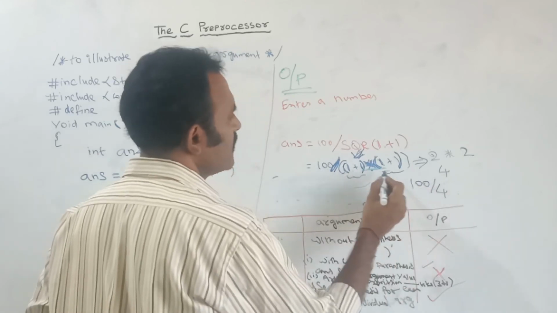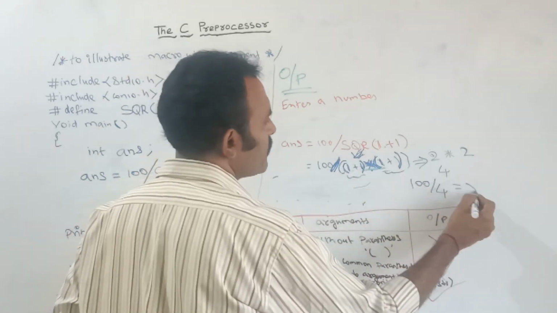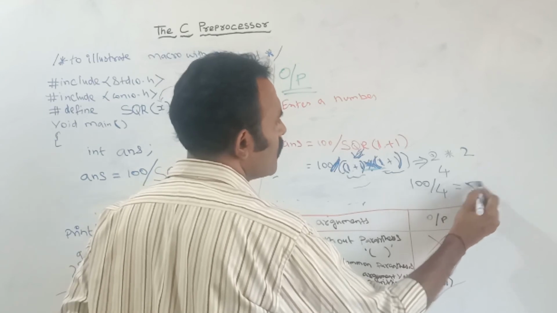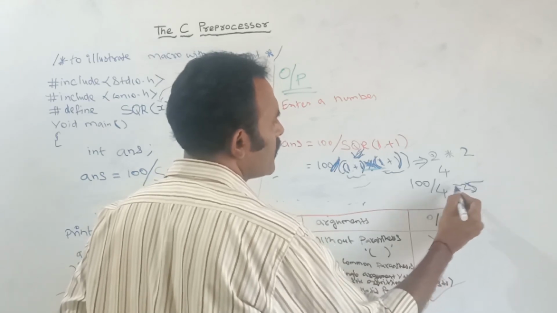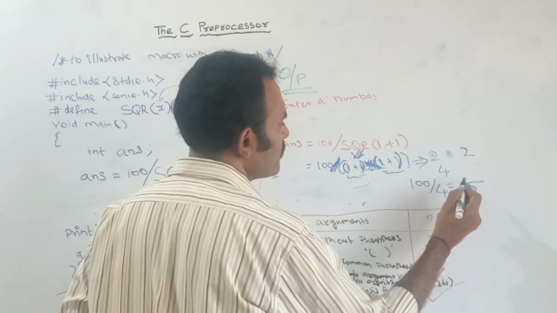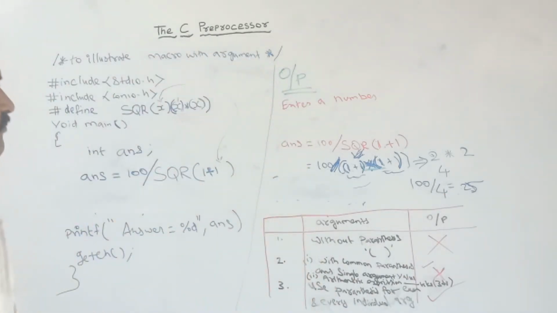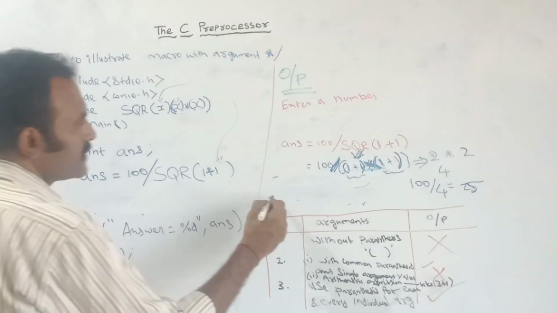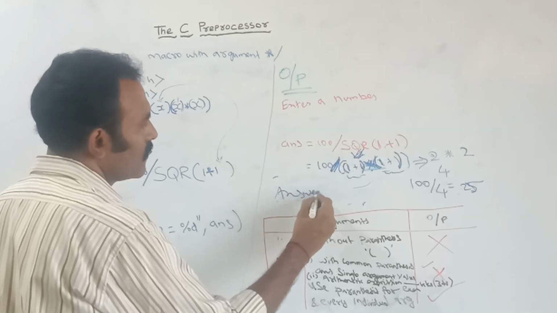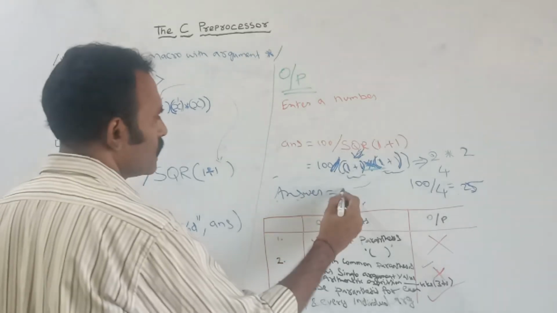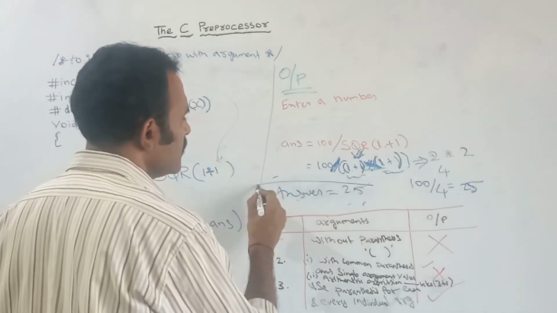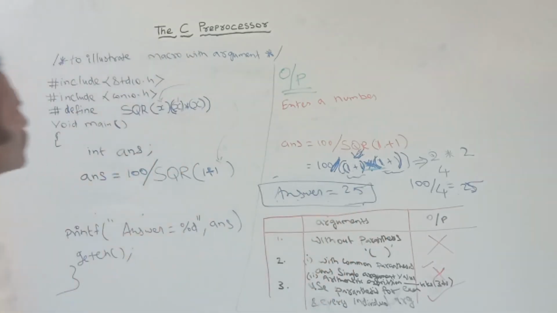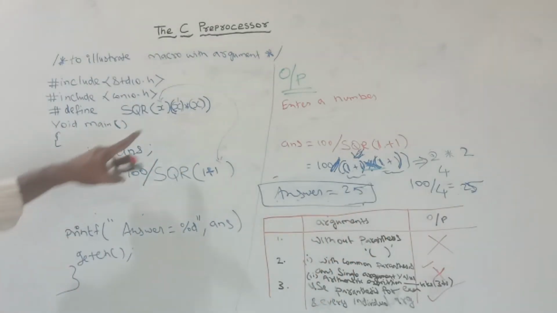4, what is the value? 25. 100 divided by 4 is 25. So finally here answer is equal to 25. This is the right way. We should use parenthesis in this way.